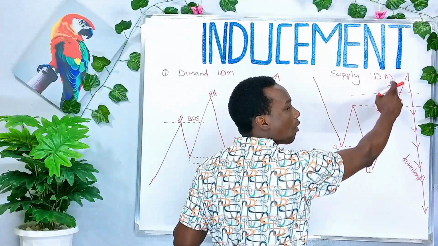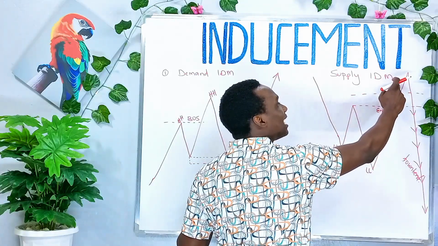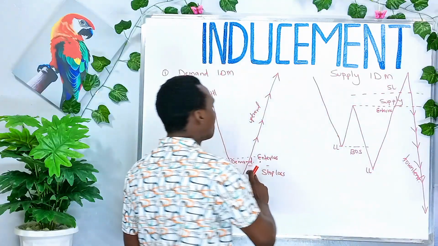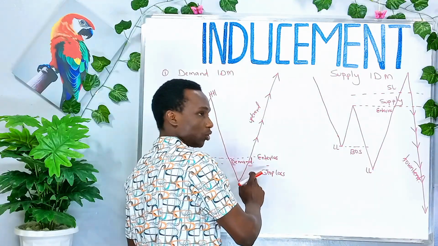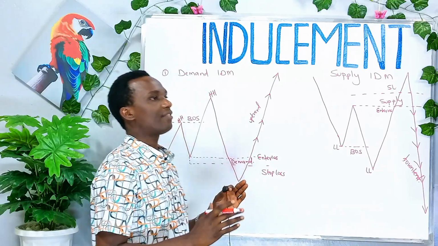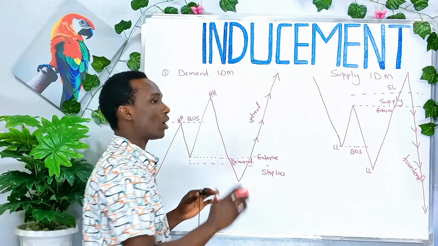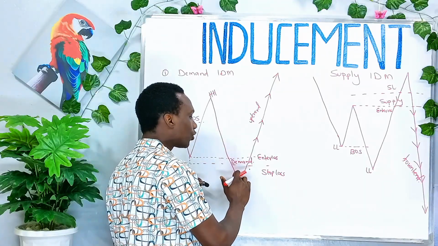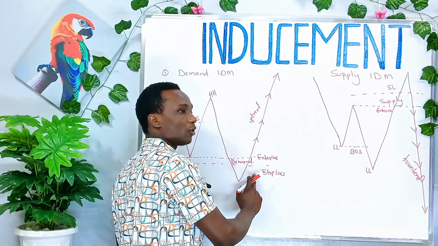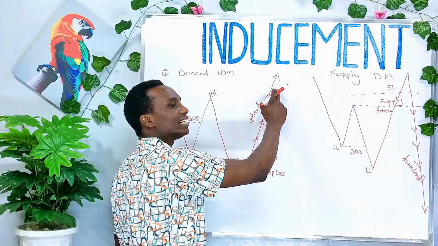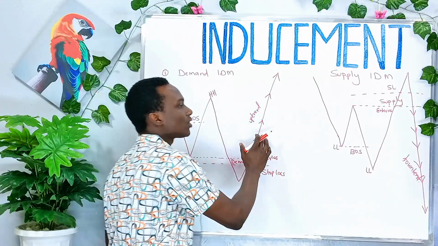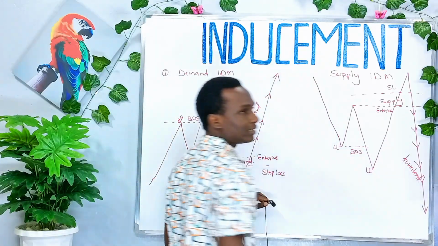Our stop losses ideally are placed above the supply zone and below the demand zone. But instead of the price playing out, the price gets to our zone, tears through it, takes these stop losses, and then reverses to the direction that it was initially predicted. Remember, this is an uptrend and this is our downtrend.